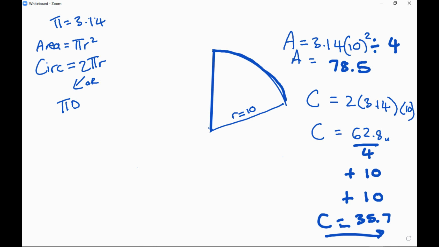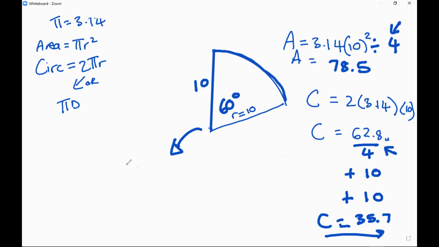I can see that my radius is now 10, but let's say this angle over here is, let's make it 60 degrees, and this is 10. Now, if I want to calculate this, I can't divide it by 4 and then add 10 for the circumference. I've got to divide it by another number.